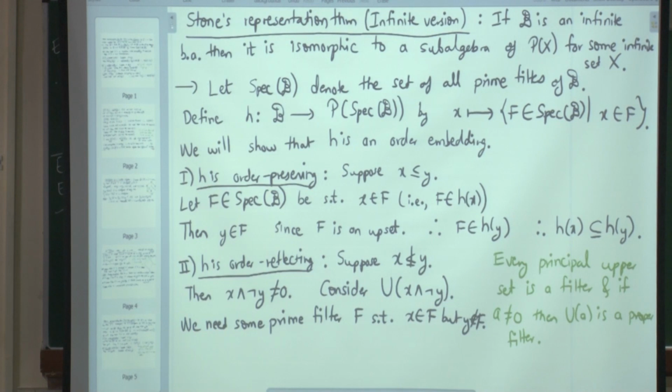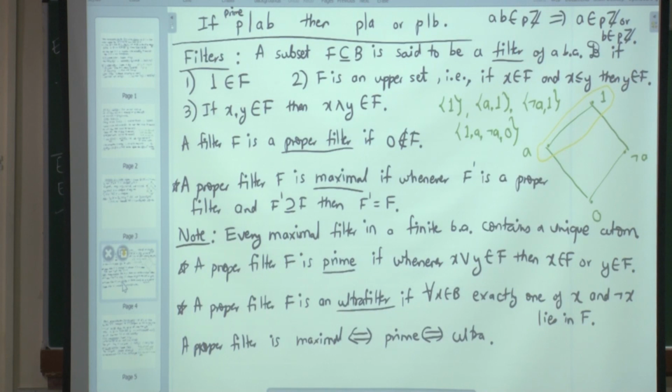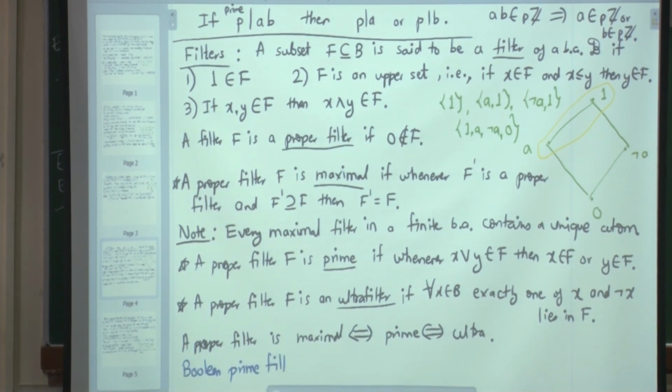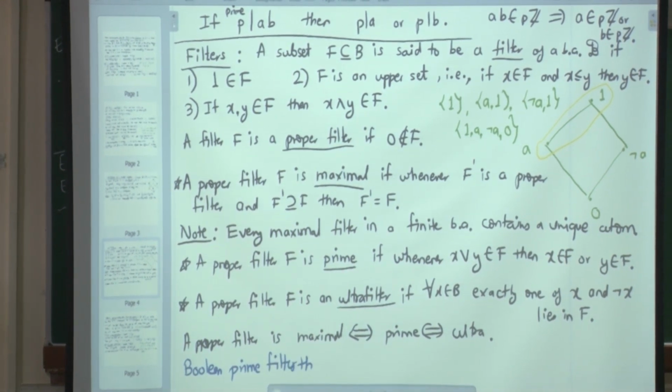Now here I am going to utter the word magic. What does that remind you of? Zorn's lemma. Okay, so actually this is an important statement. I will write it on the previous slide. So this is what we call the Boolean prime filter theorem.